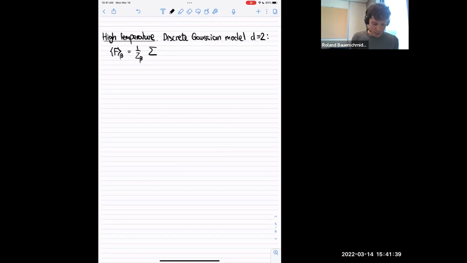So it's like an Ising model, except the spins take values in all integers. There's a little caveat here, which I'm not going to discuss: let's fix one of the spins to be 0, because otherwise the sum is not convergent. But it's a technical aspect.